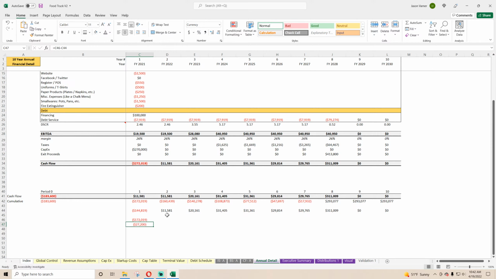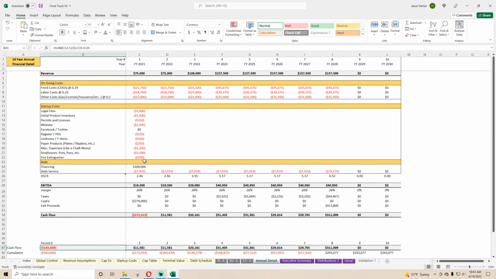Let's see. So something in year one. Which is the correct number? It should be this. The annual detail. 27.2.